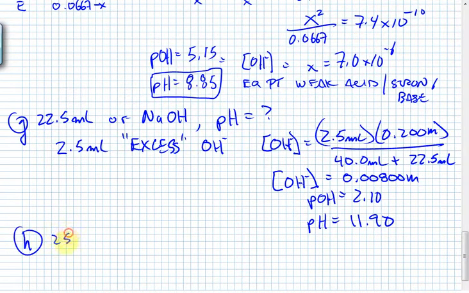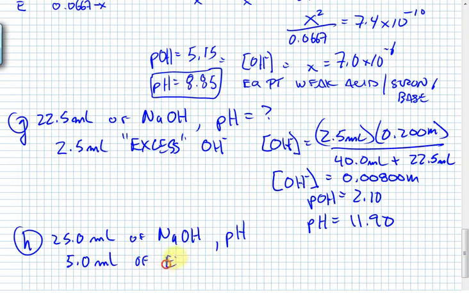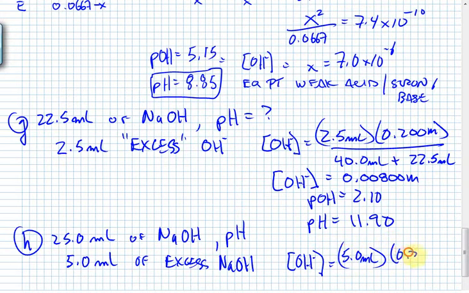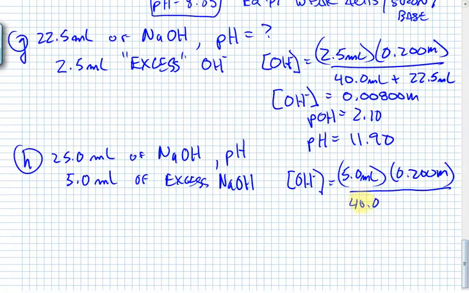Do one more. H, let's suppose we've added 25 milliliters of sodium hydroxide. We want to know what is the pH. Again, now what do we have? We have 5 milliliters of excess NaOH. What's the concentration of hydroxide? It's the 5 milliliters in excess times the concentration divided by the total volume, the 40 that we started with, plus the 25 that we added.